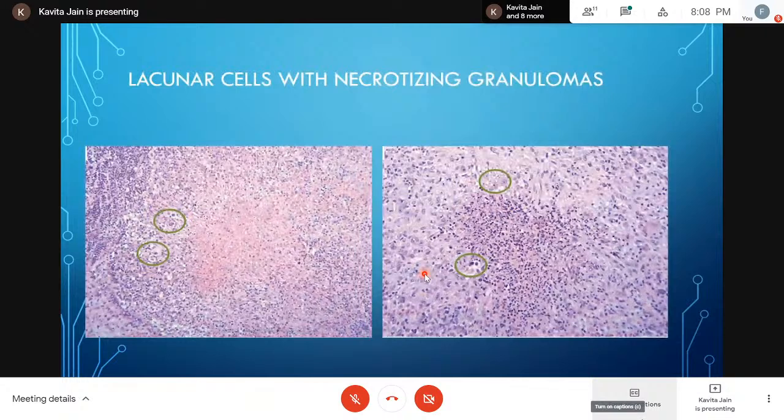Now again, these nodular sclerosis Hodgkin's are also commonly associated with necrotizing granulomas. Recently, I saw a case of a 15-year-old boy who had a mediastinal mass and a cervical lymph node. So we got a true-cut biopsy from the cervical lymph node, where a lot of necrotizing granulomas were there. Absolutely this picture.